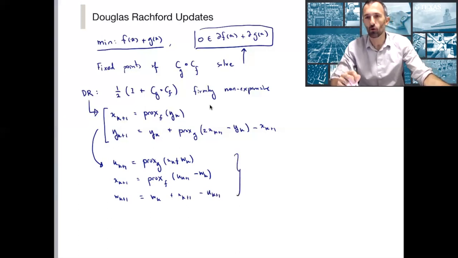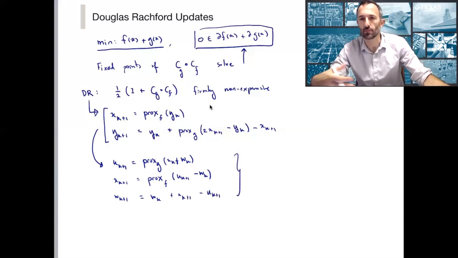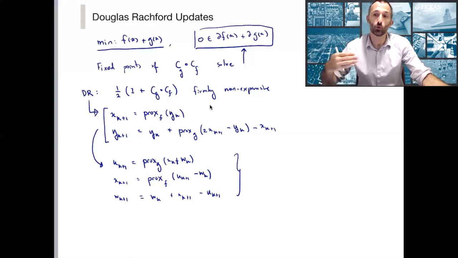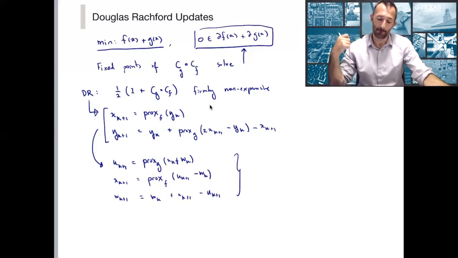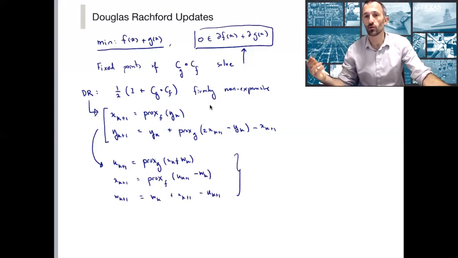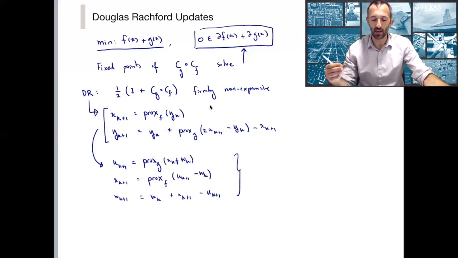The benefit of this format, these are just simple algebraic manipulations to get from one to the other, is that it puts it as close as possible to the kind of framework that we've seen again and again for dual gradient ascent, for the proximal point algorithm, and proximal gradient in the dual as well, where basically we were updating our variables using the separable operators.